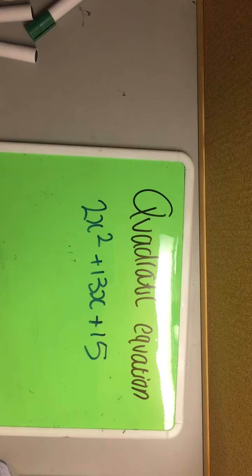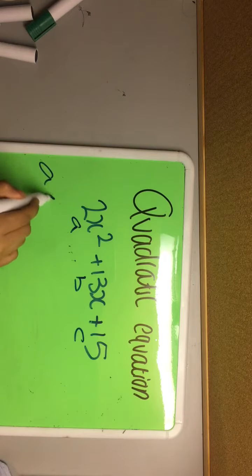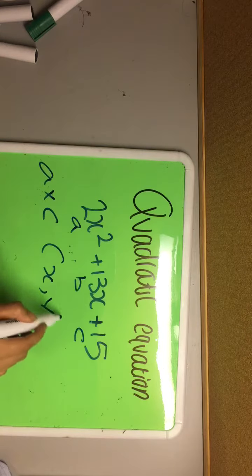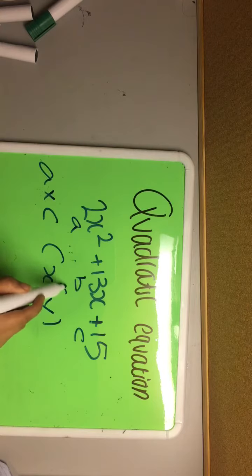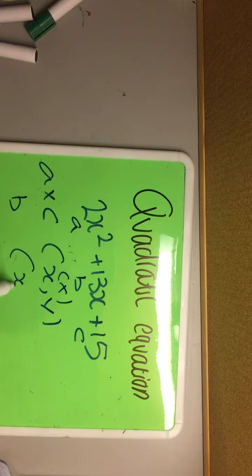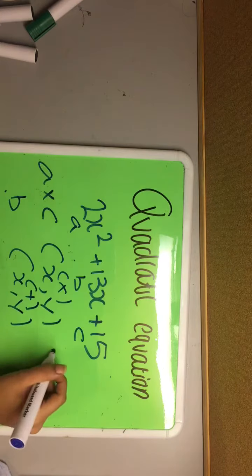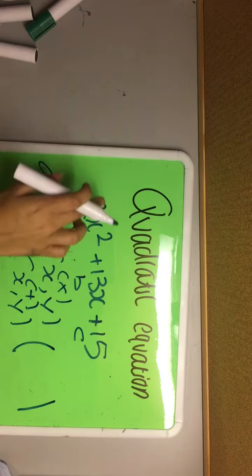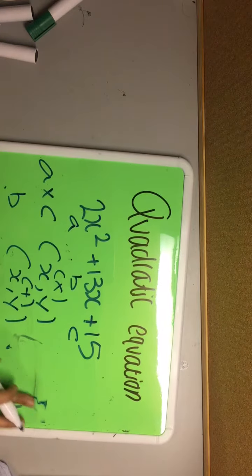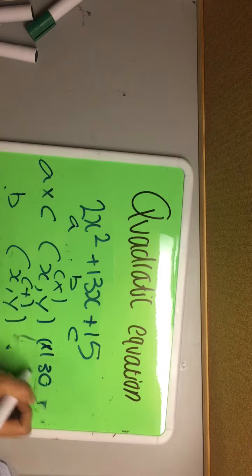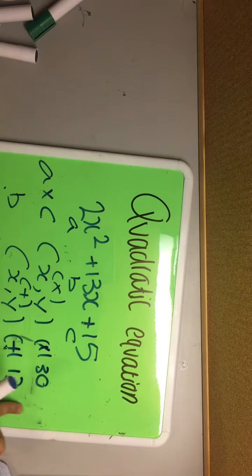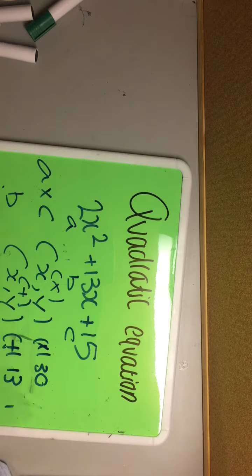Okay, so again, A, B, C, A times C, two numbers x, y that times to make AC, and add to make B. So times to make 30, add to make 13, those two numbers will be 10 and 3.